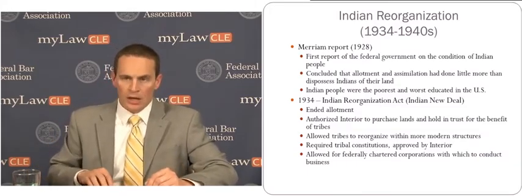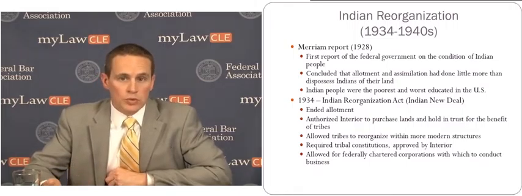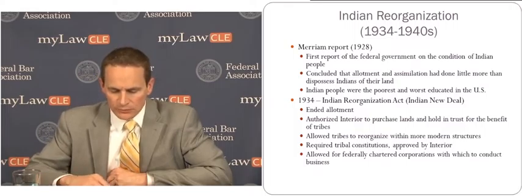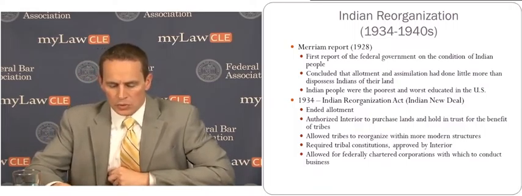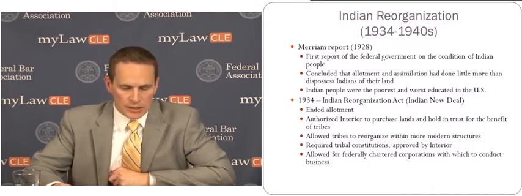And the Merriam Report concluded that allotment and assimilation was a failure, and that it had done little more than dispossess Indians of their land. And at that point, it observed that Indian people were the poorest and worst educated people in the United States.